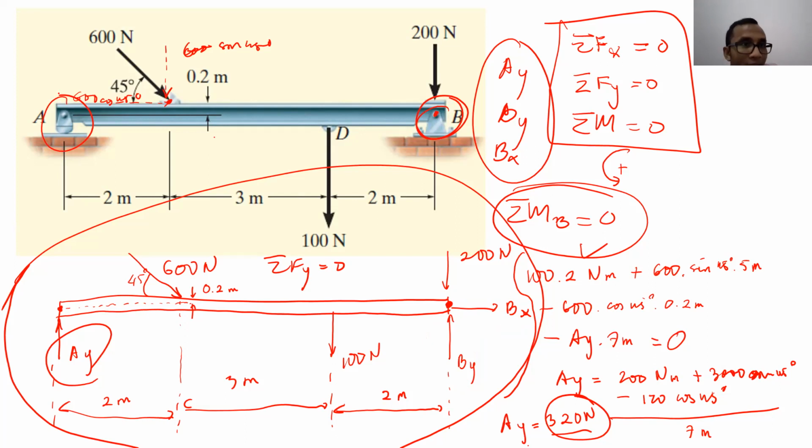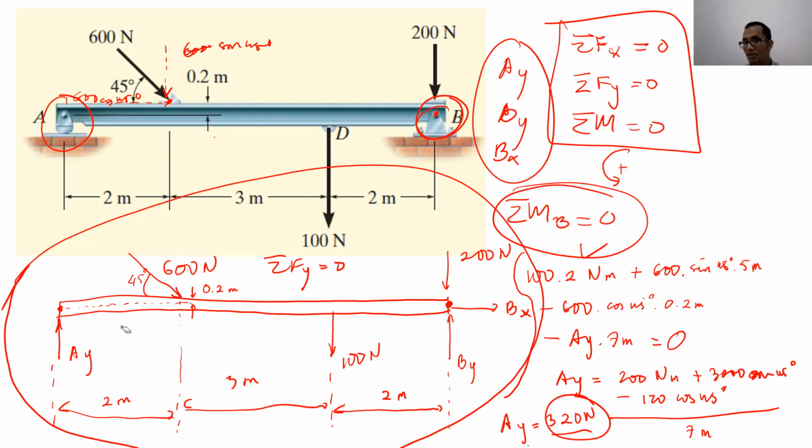But if you push vertically, the roller joint will withstand it. So there will be a vertical reaction force, AY. So that's why I only put AY there, and there is no AX because it's a roller joint. Okay, Aurelia? Okay, thank you, sir.